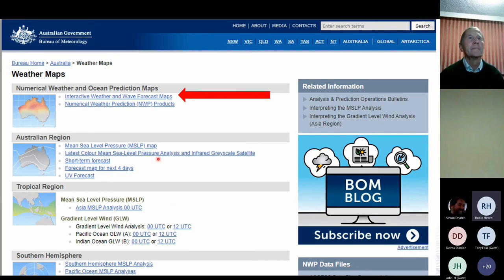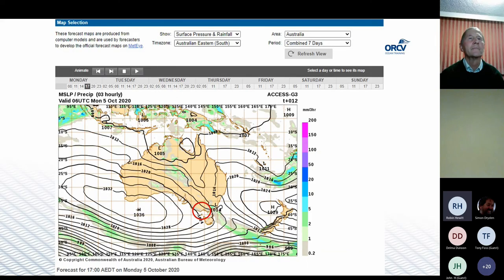The interactive weather and wave forecast notes have a lot of selections in them also, and it's very useful to play with all that sort of information. You can predict rainfall and all sorts of things. Yeah, if you keep clicking, Robin, it'll show you what happens next. Yes, surface pressure and rainfall. There's a huge selection of stuff up here. And it'll show you that there, Robin.